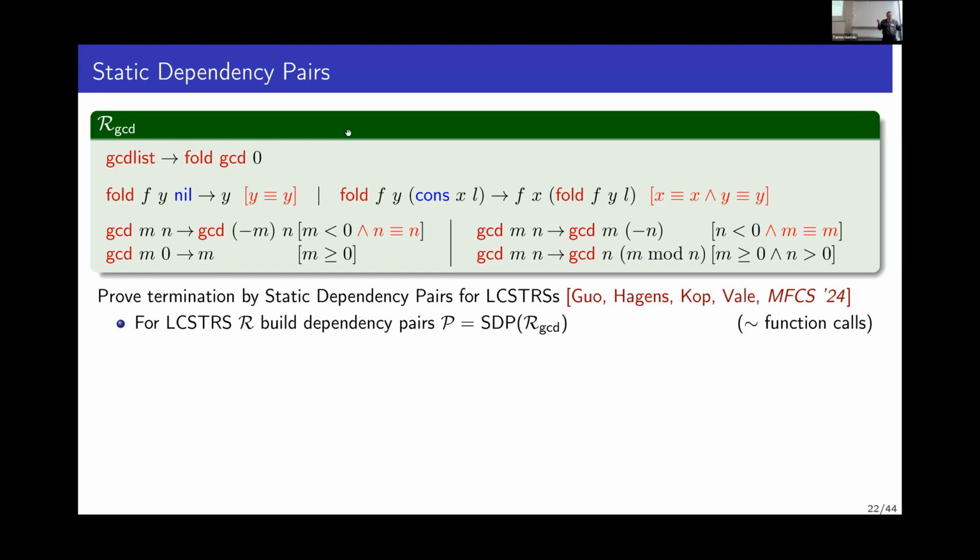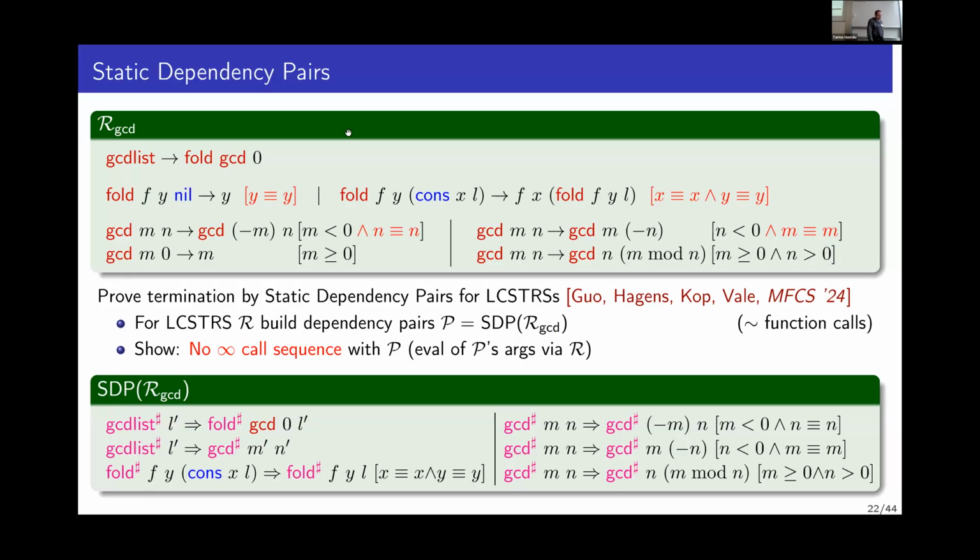In our higher order language, the corresponding adaptation is called static dependency pairs, which are essentially the function calls in these rewrite rules. So what we need to show is, let's say this thing was non-terminating, then there would also have to be an infinite call sequence, an infinite sequence of function calls that leads to the non-termination.